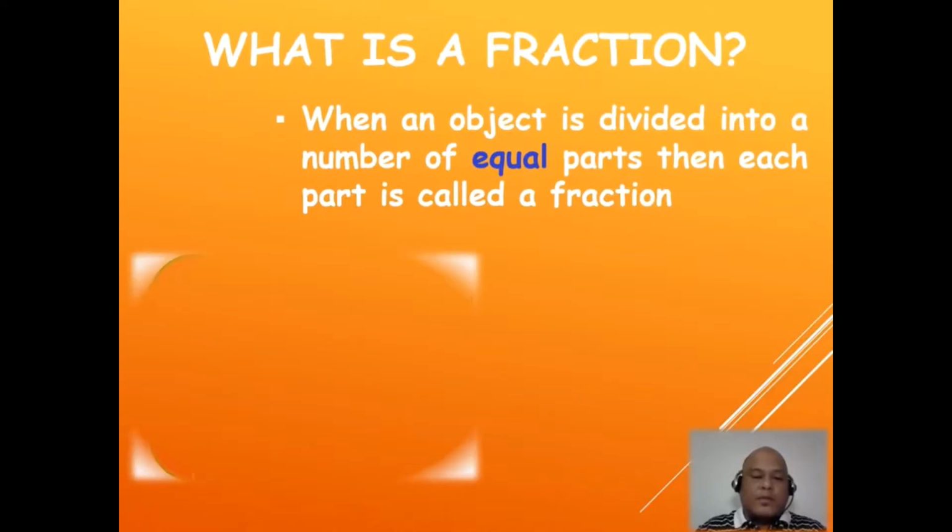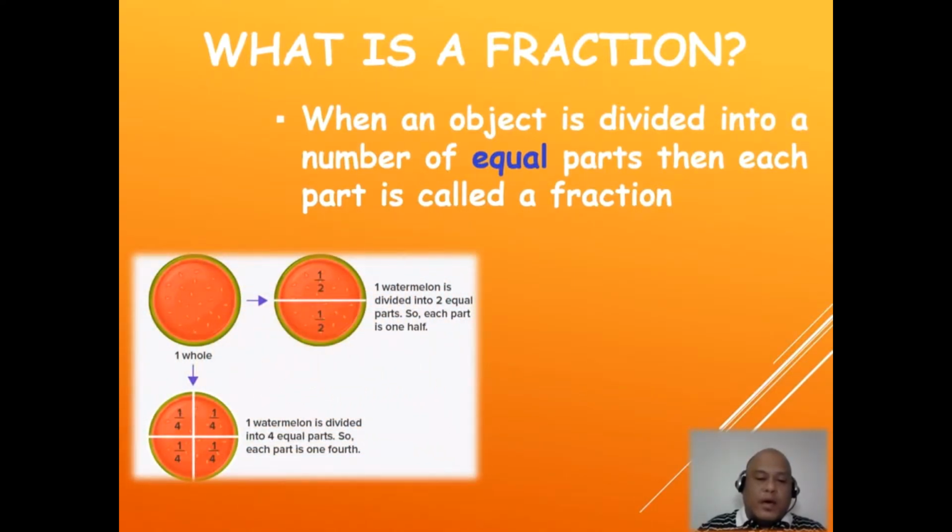For example, we have here 3 watermelons. This watermelon is called one whole. When we say one whole, it is all of the watermelon. Next, it is divided into 2 equal parts.